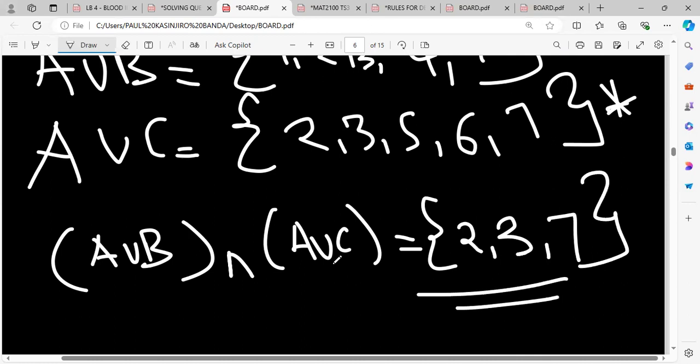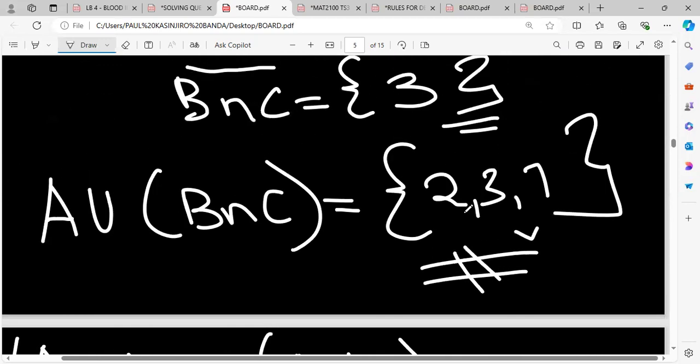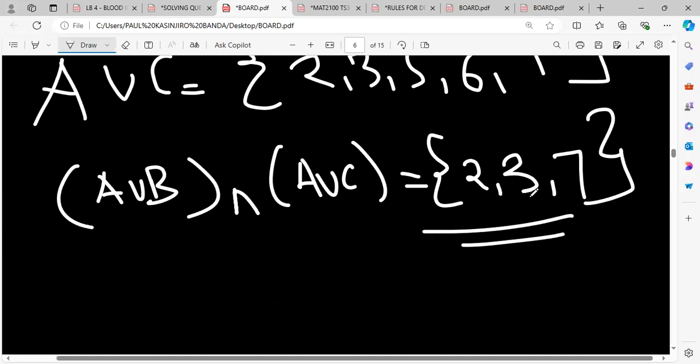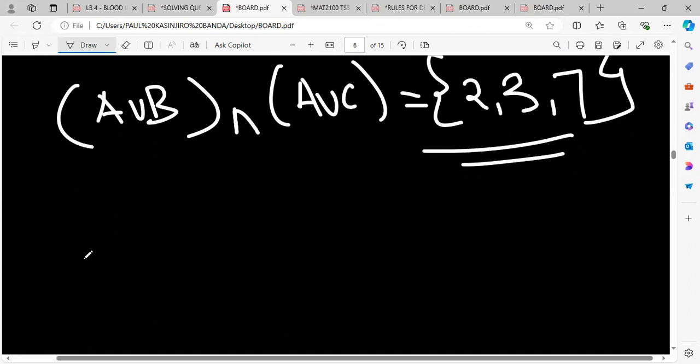We can see that what we had on the left and what we have on the right contain the same elements, because even the previous one also contained 2, 3, and 7. What does this mean?